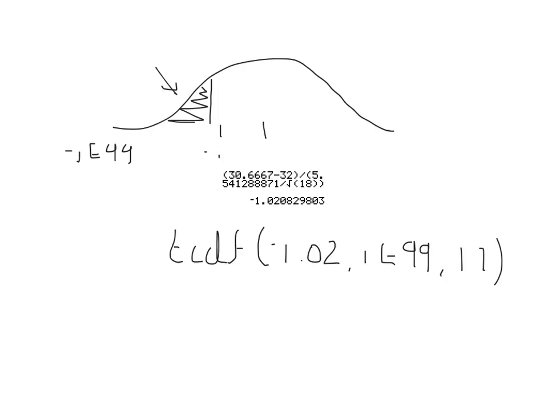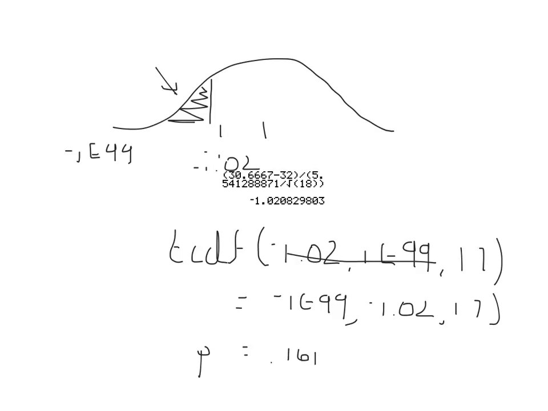Our upper value would be our test statistic, negative 1.02, and then our degrees of freedom. So this would be negative infinity, like negative 10,000, to our test statistic, negative 1.02, with 17 degrees of freedom. And when we do that, we get a p-value, area in the tail, of 0.1610.